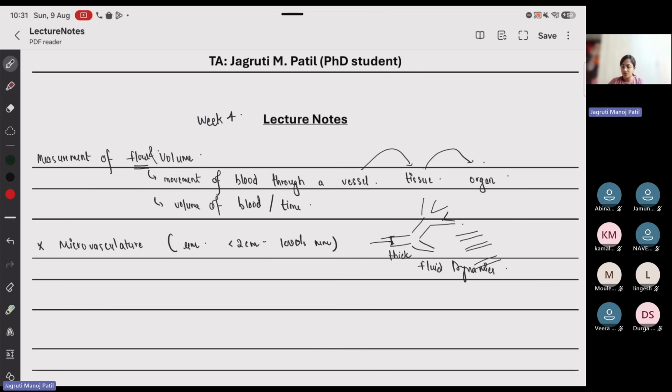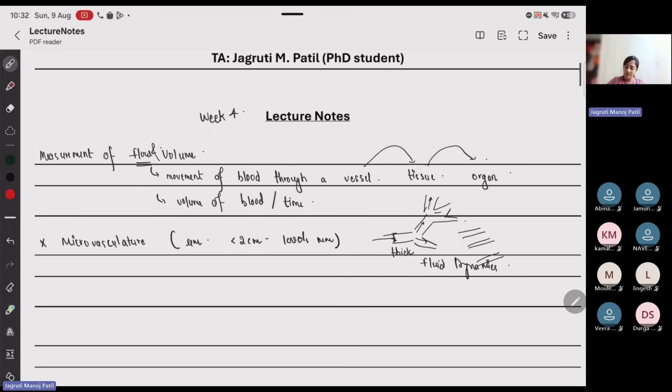So the volume is also high. But soon it starts to differentiate or bifurcate. It is the point where the velocity also halves, and since it decreases, here also decreases. So there are different ranges of flow velocity.